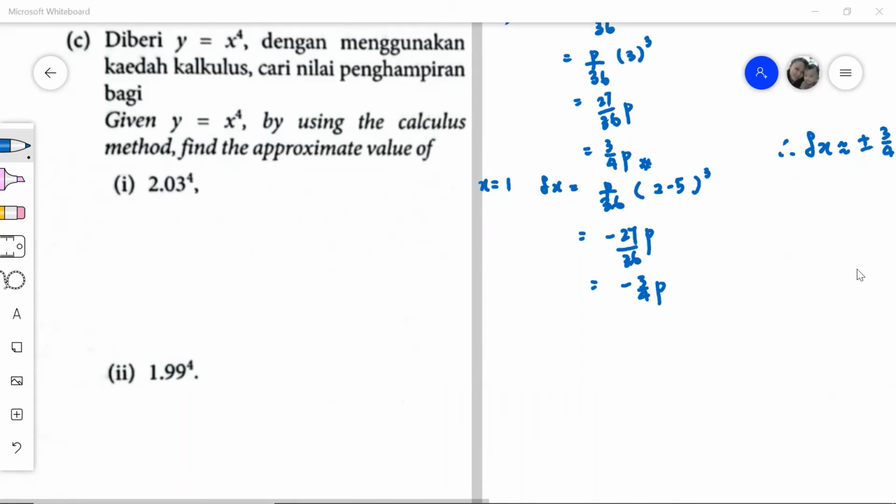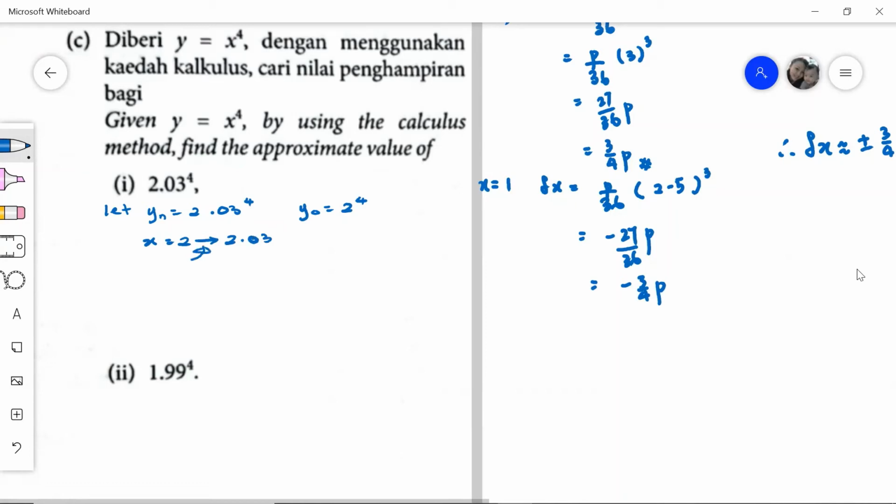Now this shows that if we let y, this is the new y, be 2.03 to the power 4, that means the original y will be 2 to the power of 4. So from here, our x increased from 2 to 2.03.